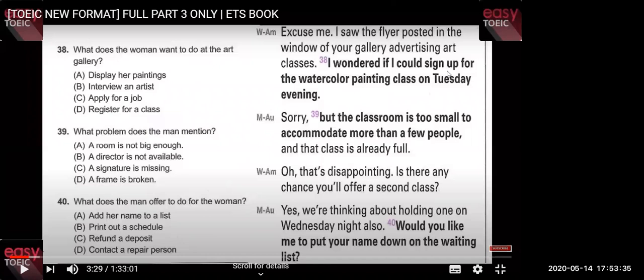If you sign up for something. Sign up is sent to the class. So she's registering for a class because sign up means register.